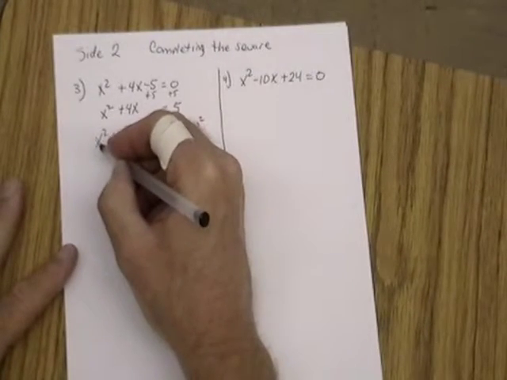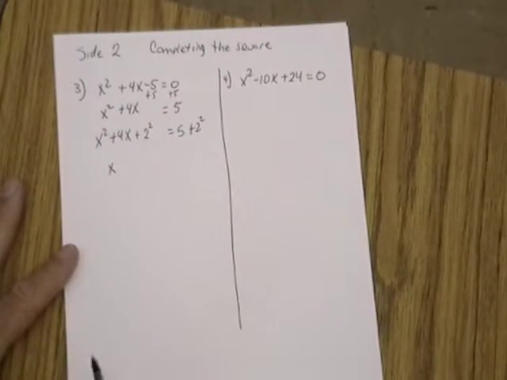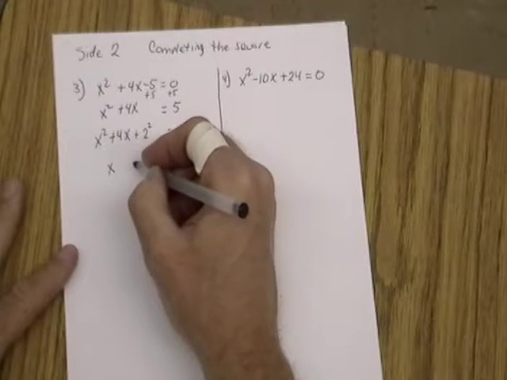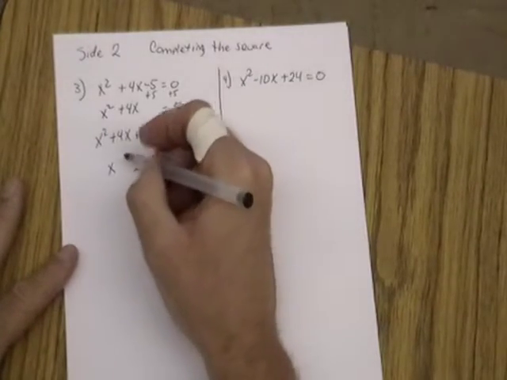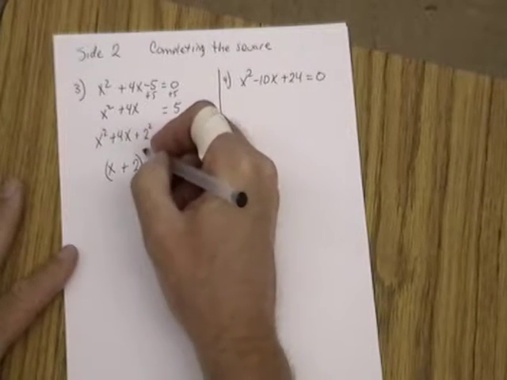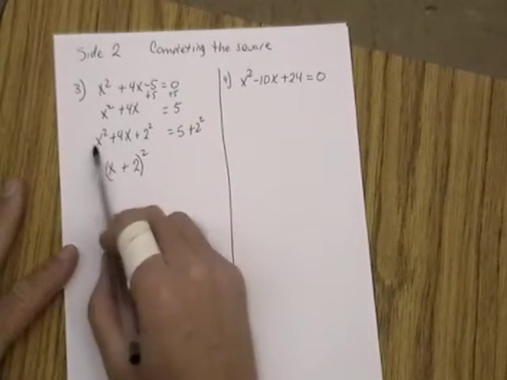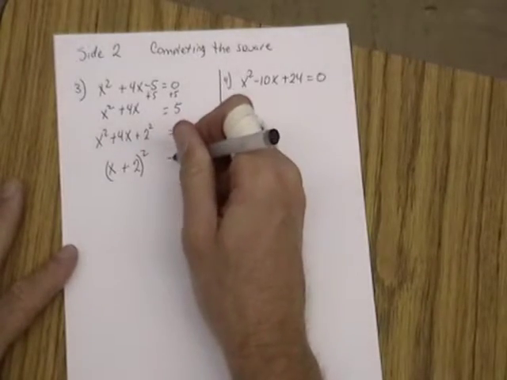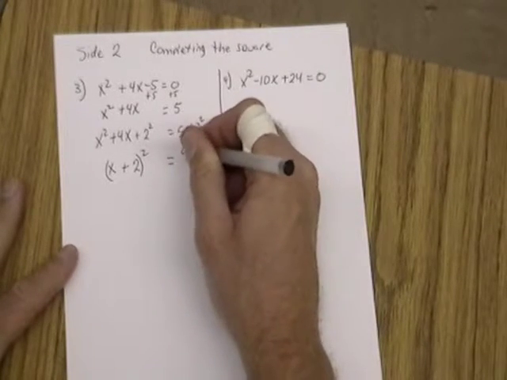So basically what happens, we take the square root of the first term, which is x, take the square root of the last term, which is 2. So it's whatever this number is being squared, and it's a positive. And we're going to square that binomial. If we were to square this binomial, we'd end up with this perfect square trinomial. And then 5 plus 4 is 9.